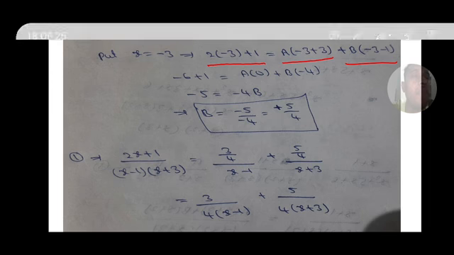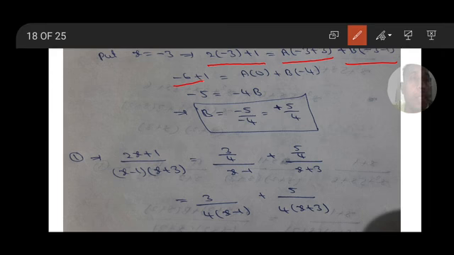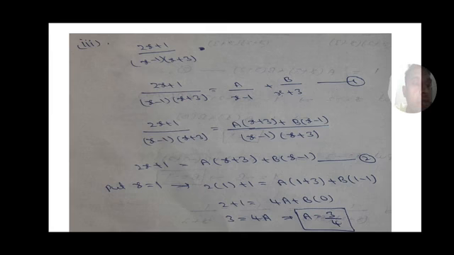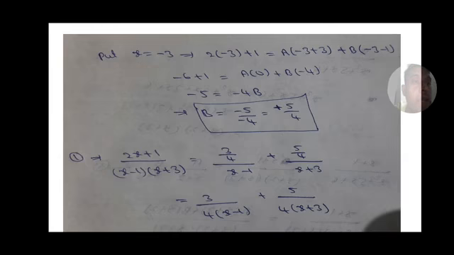If you simplify, 2 into minus 3 is minus 6, plus 1, plus a into 0, plus b into minus 3 minus 1, which means minus 4b. This term is 0. Minus 6 plus 1 equals minus 5, equals minus 4b, so b equals 5 by 4. So a equals 3 by 4, b equals 5 by 4.